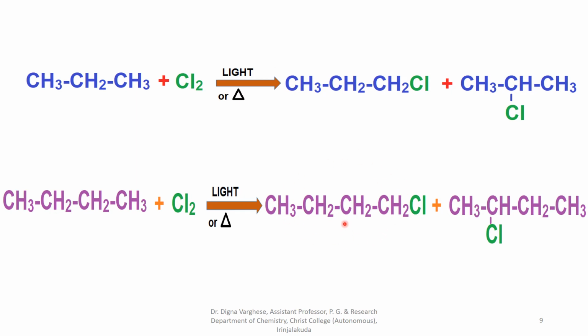So in the case of higher alkanes that react with halogen atoms, isomeric products are formed.